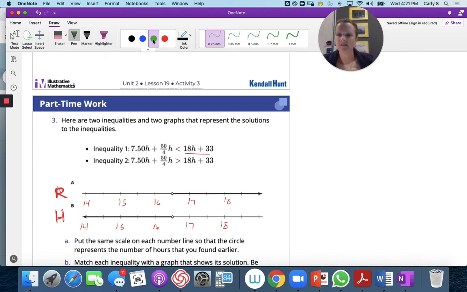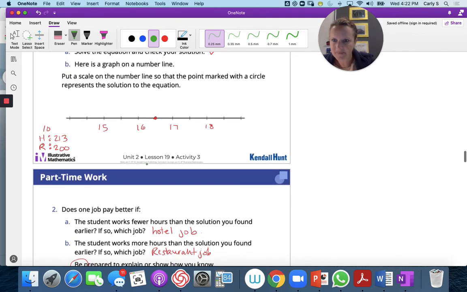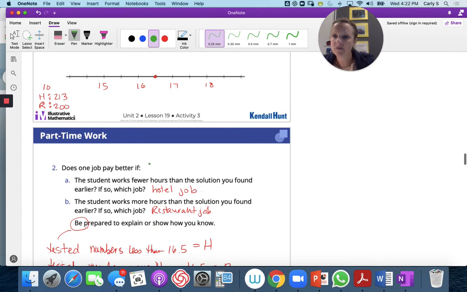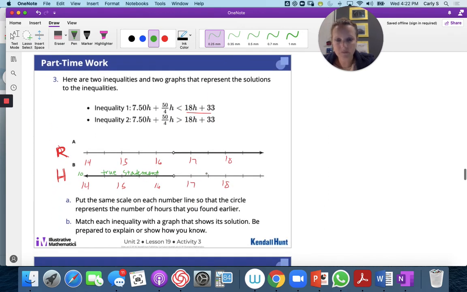So let me change colors. If I test smaller numbers, like I tested 10, we found that this graph right here is a true statement. So if I remember, when I tested 10, the hotel was 213 and the restaurant was 200.